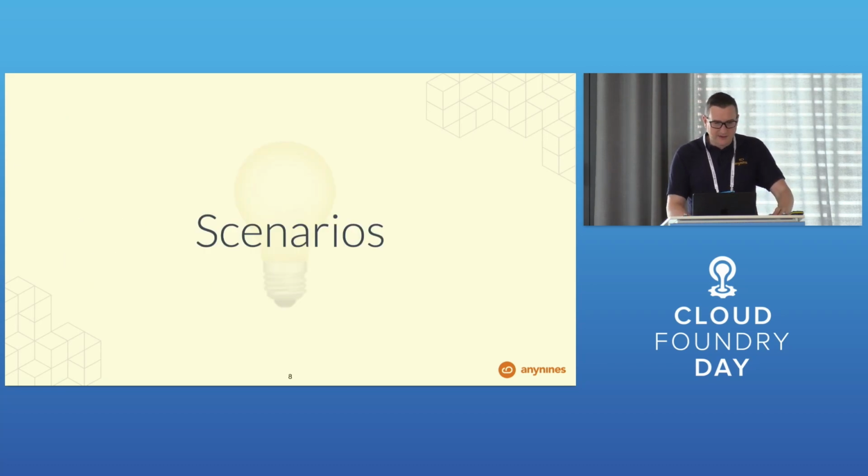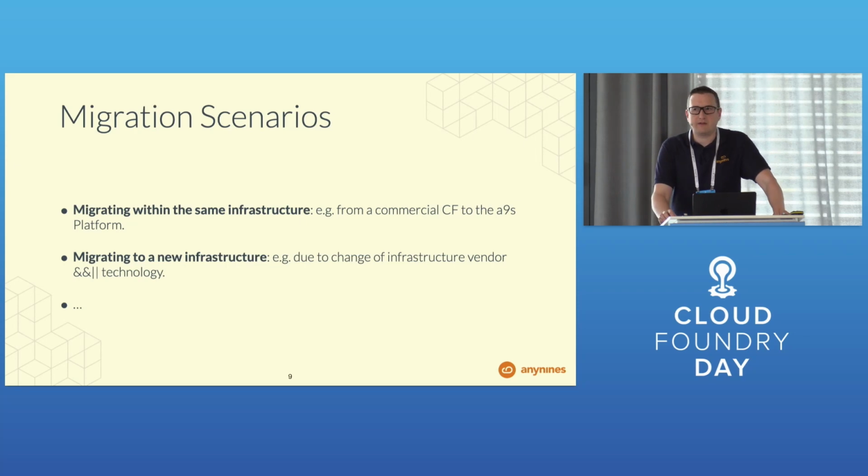The scenarios we often see are either migrating an environment within the same infrastructure, for example, because a network migration is necessary, or because there's one Cloud Foundry flavor and the customer wants to move to a different one, or the customer wants to move from one infrastructure to another.